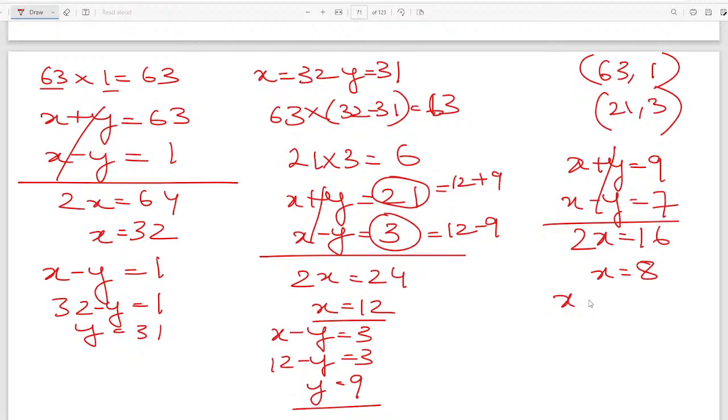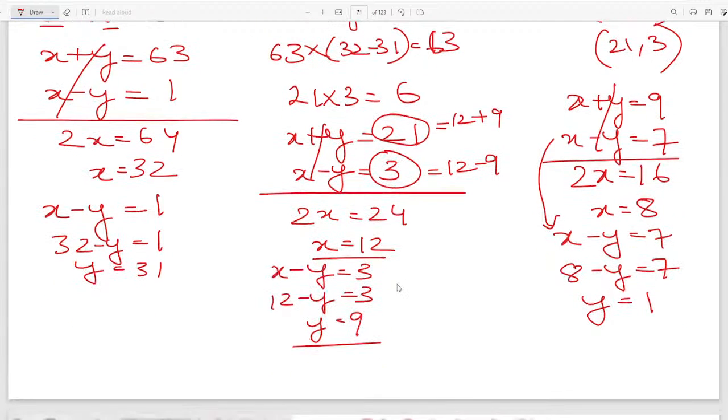So x minus y is equal to 7, 8 minus y is equal to 7, y is equal to 1. So this can be written as 8 plus 1, and this can be written as 8 minus 1.